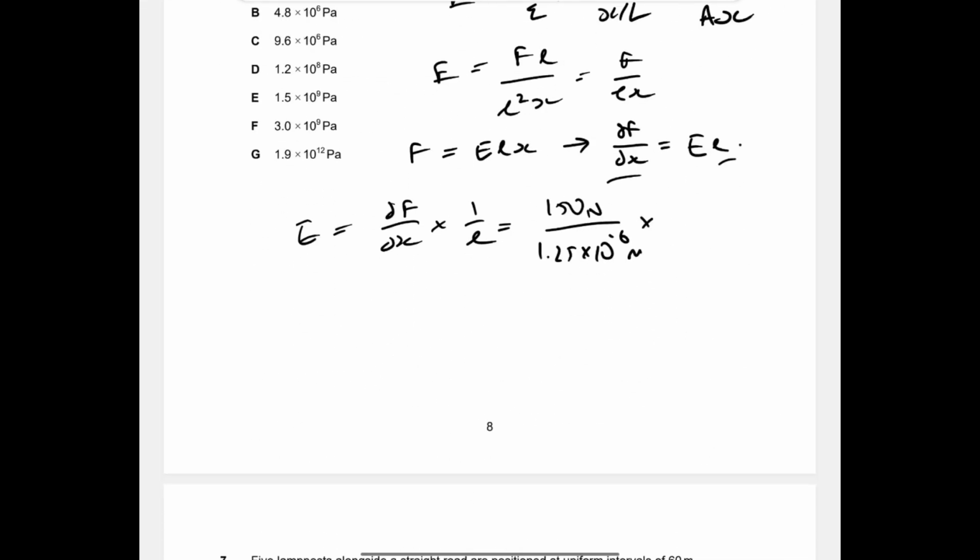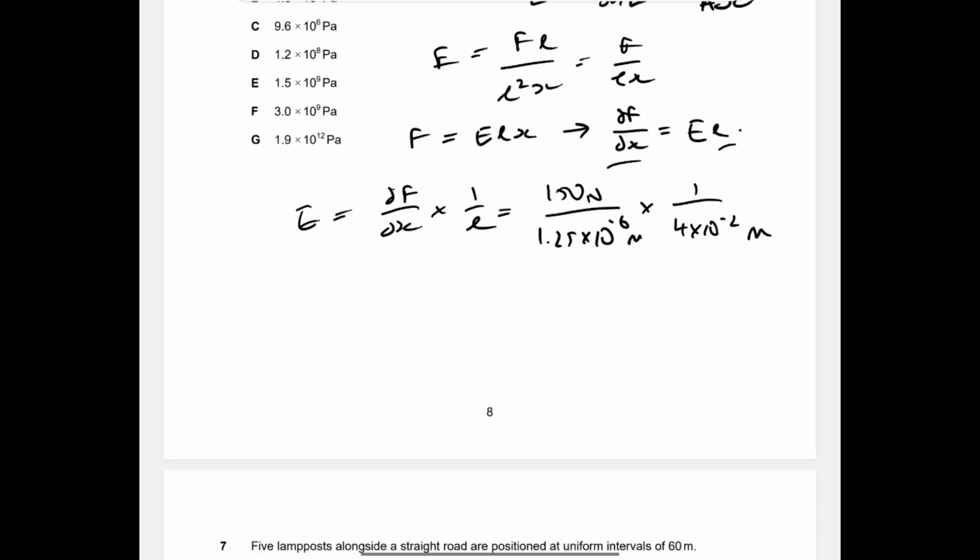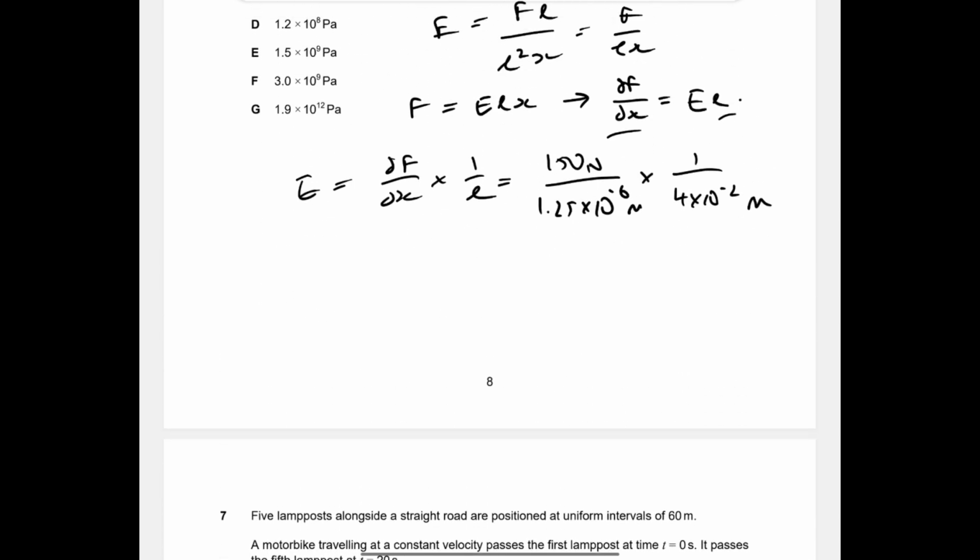Times 1 over L, which is times 1 over 4 times 10 to the minus 2 meters. We get it in pascals. So we get 1.5 times 10 to the 2 over 1.25 times 10 to the minus 8 times 4.